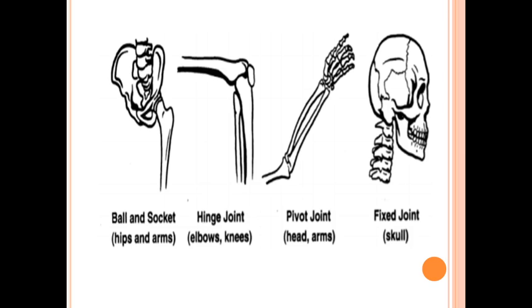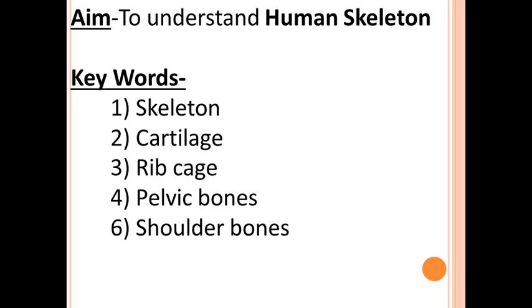Then remember in which body part these joints are present. Hips and arms have a ball and socket joint, elbows and knees a hinge joint, head and neck a pivot joint, and skull a fixed joint. Maybe it will come for match the following, true or false, or fill in the blanks, so you have to prepare for that.